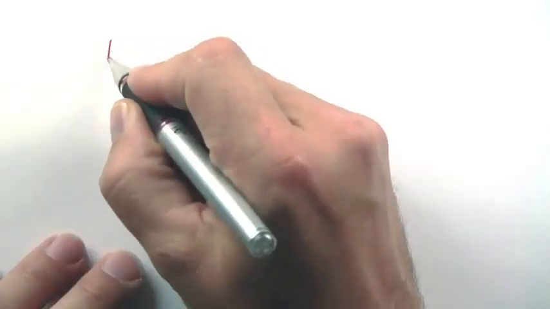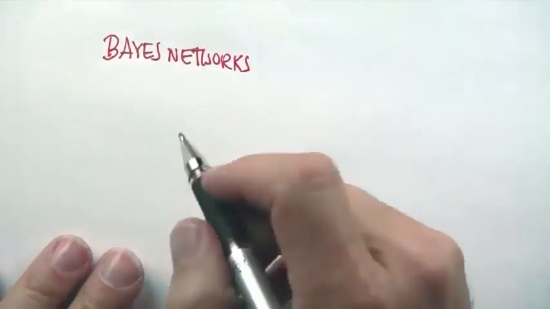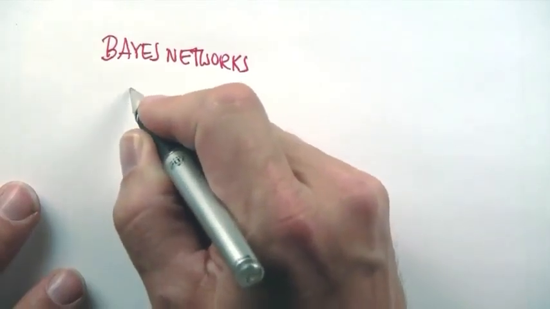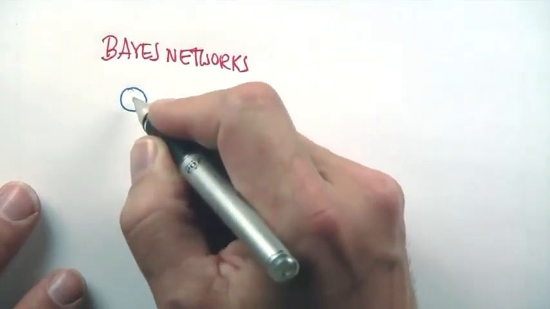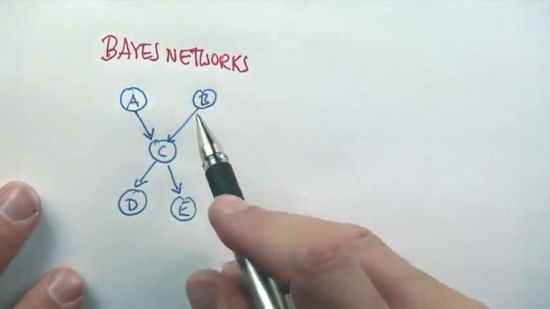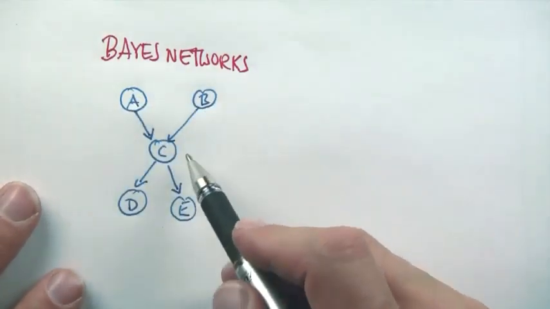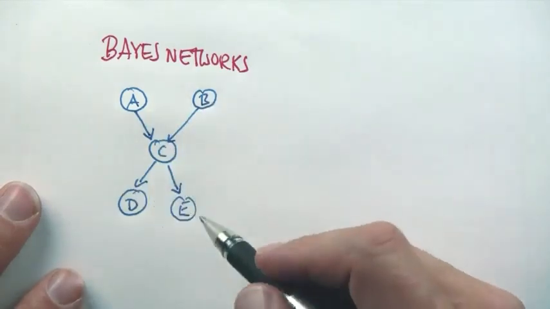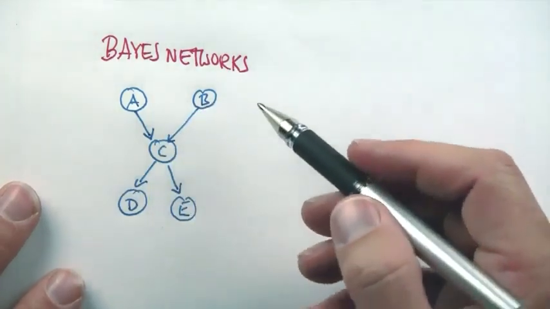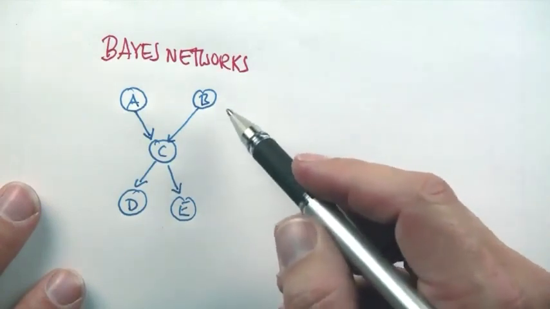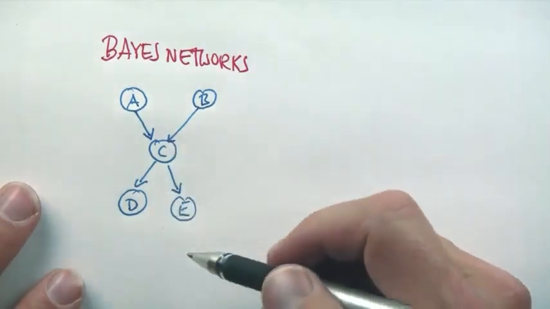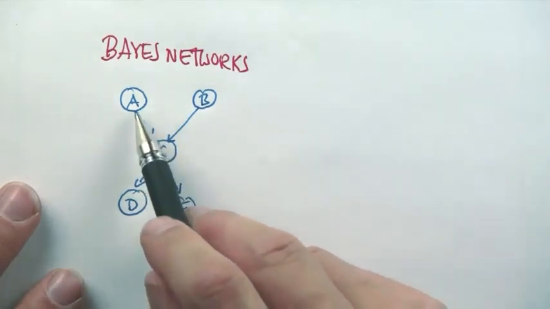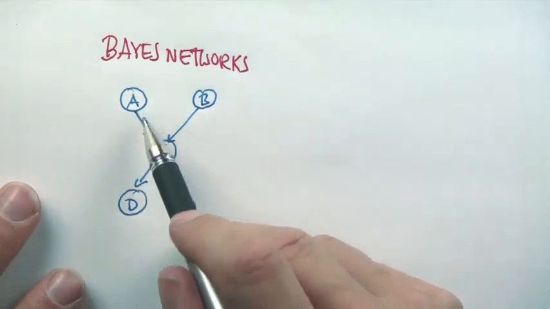So we are now ready to define Bayes networks in a more general way. Bayes networks define probability distributions over graphs of random variables. Here's an example graph of 5 variables, and this Bayes network defines a distribution over those 5 random variables. Instead of enumerating all possibilities of combinations of these 5 random variables, the Bayes network is defined by probability distributions that are inherent to each individual node.